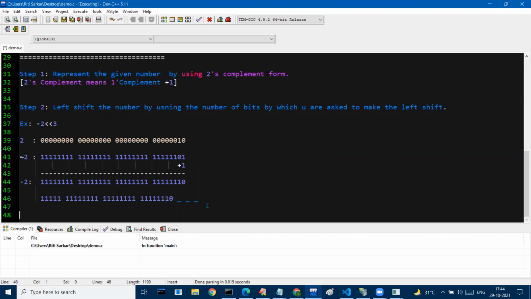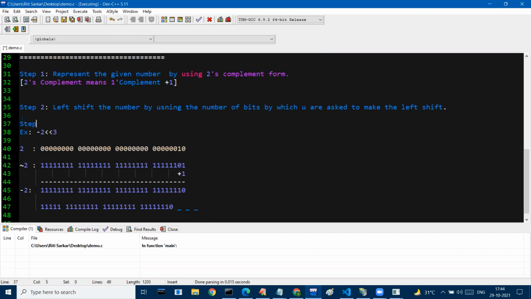Now for negative number left shifting, always remember step number 3. Fill up the vacant positions on the right hand side with 0 value.